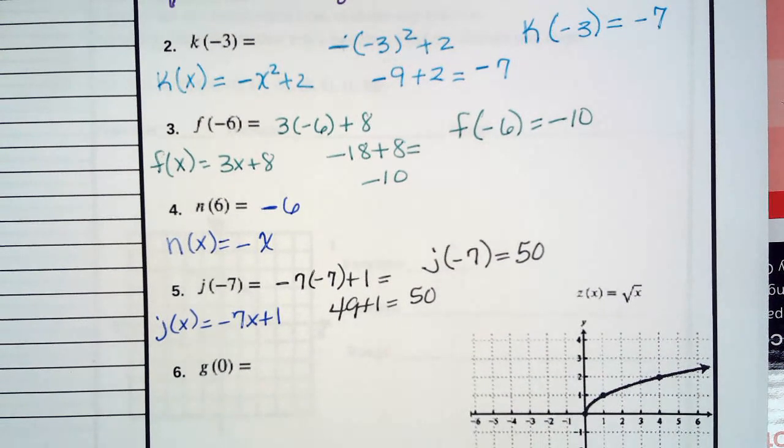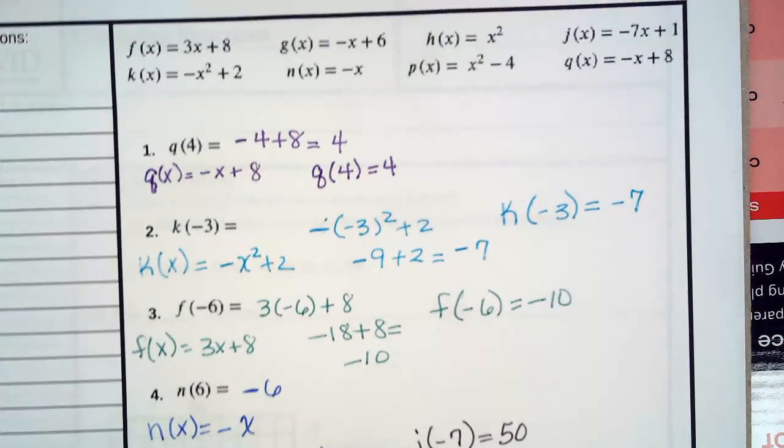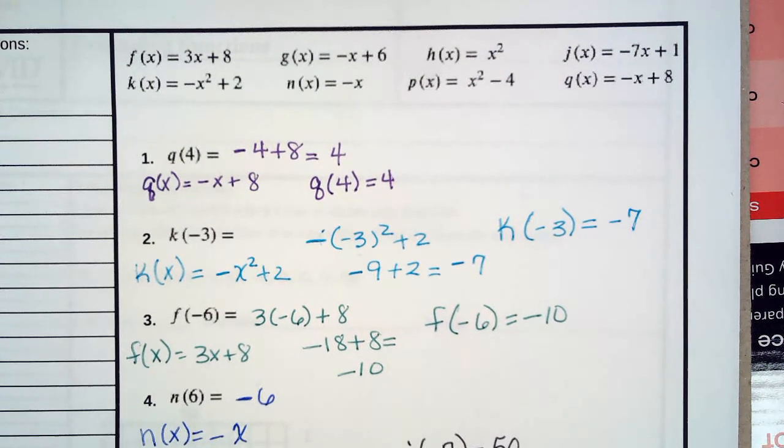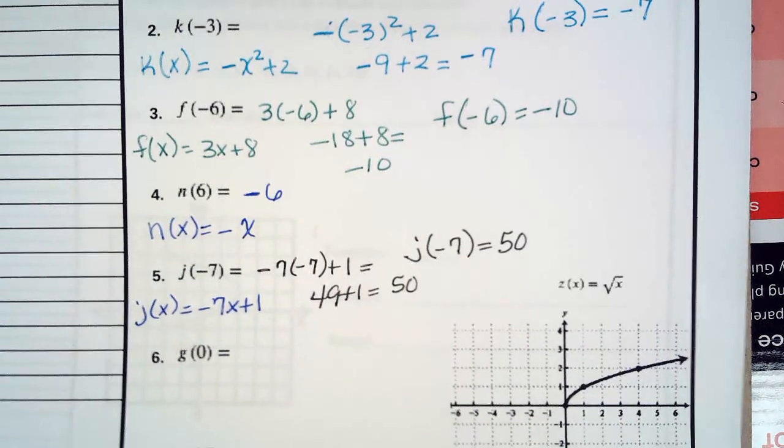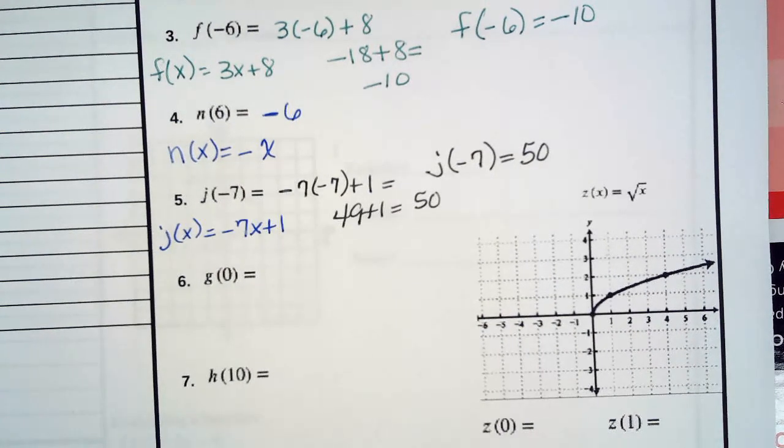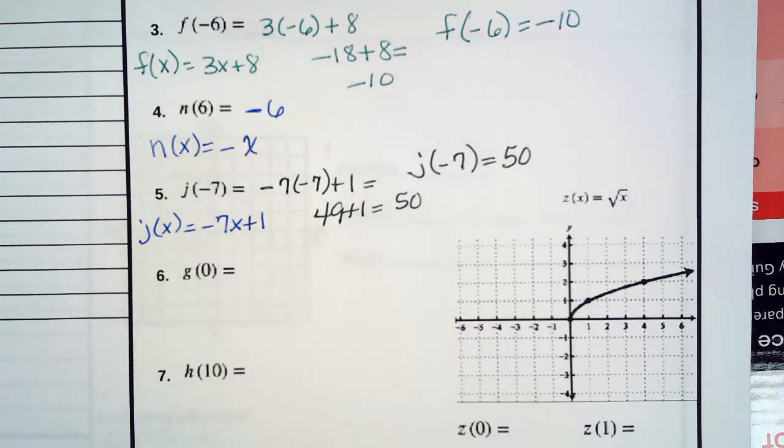Can you do the next one on your own? What is g? G of x is the opposite of x plus 6. Can you do g of 0? I hope you tried.